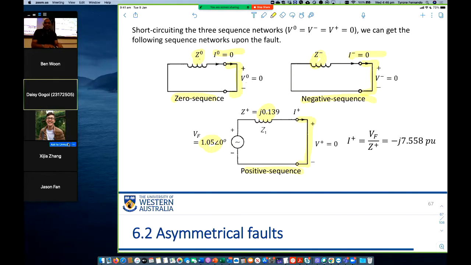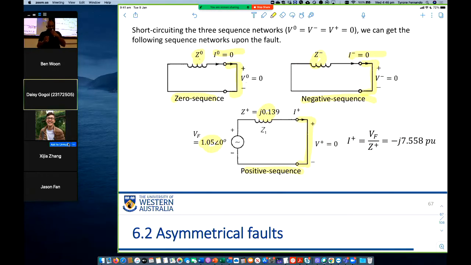Like in this situation, when there is a balanced three-phase fault, we knew we had to short circuit the terminals of the individual circuits. They're all still decoupled, and we can calculate the individual currents. Now, if it's a line to ground fault, we are not going to do what we just did.